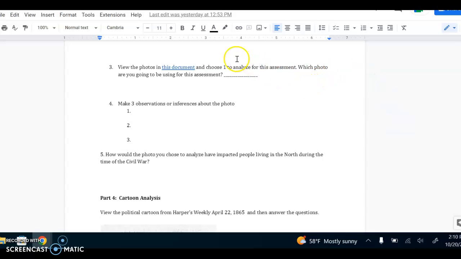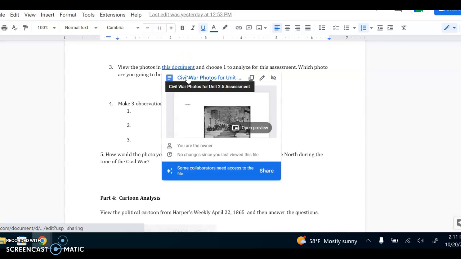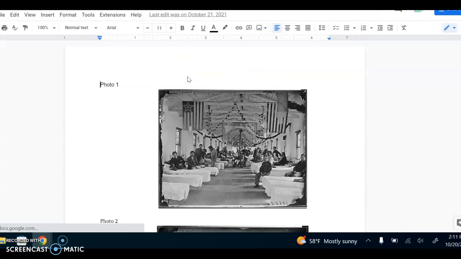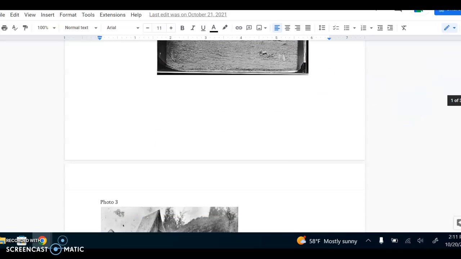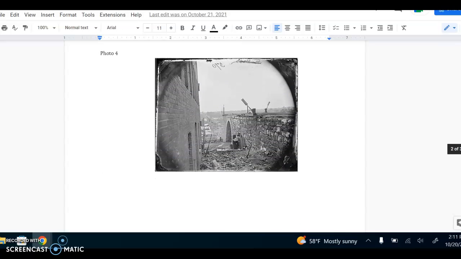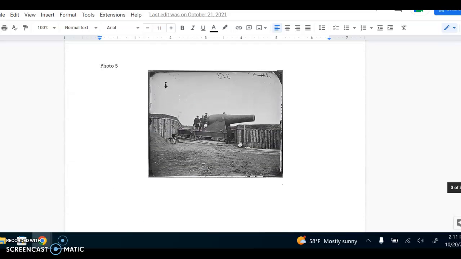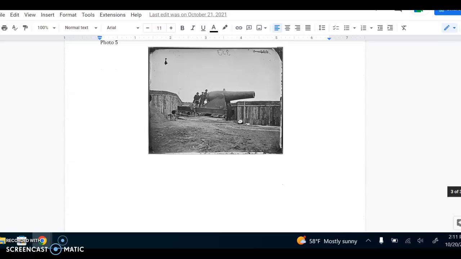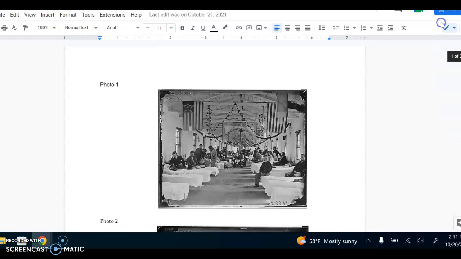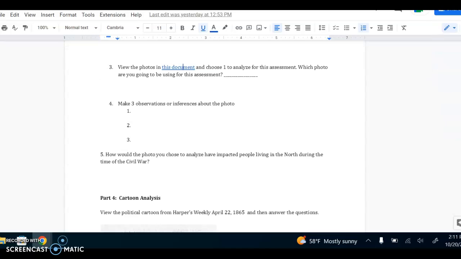Number 3, you're going to click on this link, and it's going to open up a series of photos for you. You're going to choose one of these to write about. You have 5 to choose from today. You can choose whichever one you want. You're going to come back to the test and write down which number you've chosen for number 3.